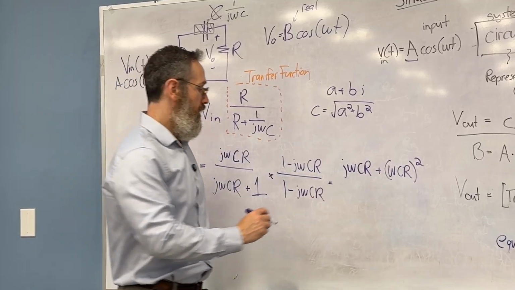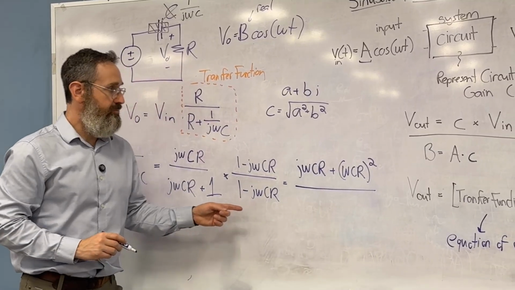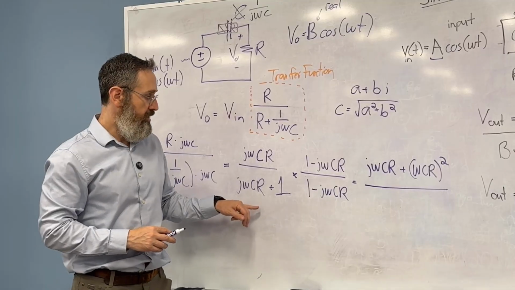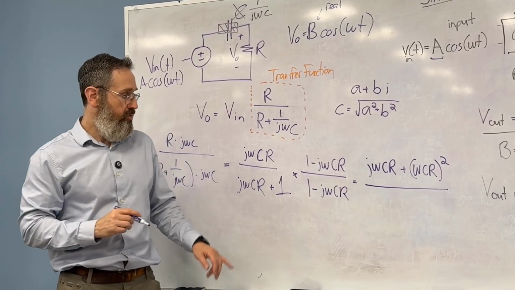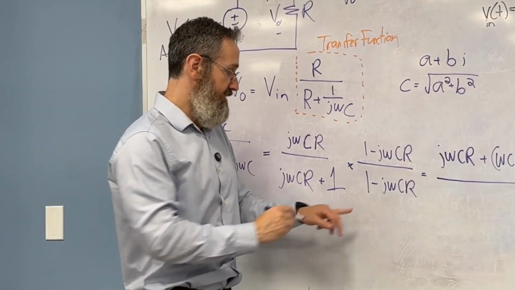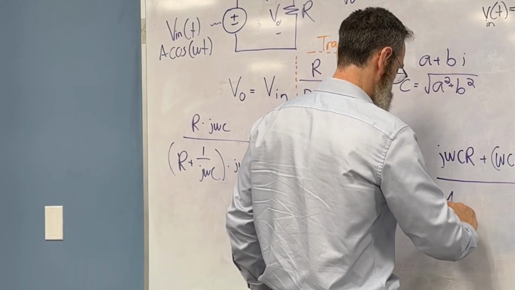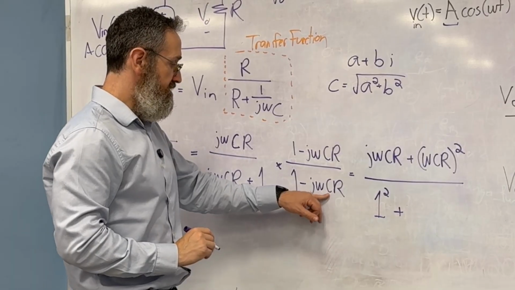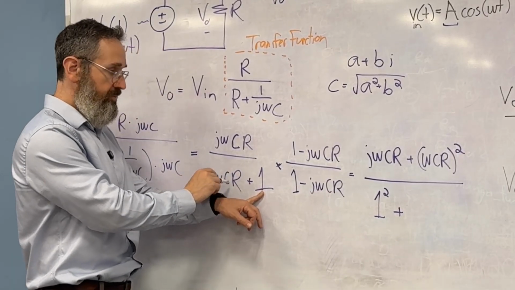All right? On the bottom, it seems complicated, but remember there's this complex conjugate rule that says we're just going to end up with A squared plus B squared. Right? So the A squared is 1. I can write 1 squared. And then the B is WCR, right? 1 plus JB.